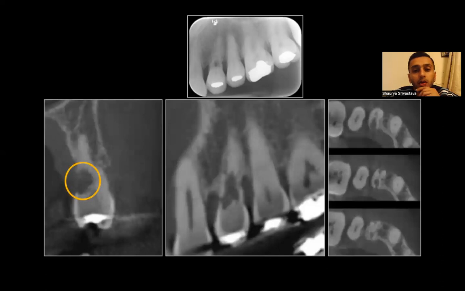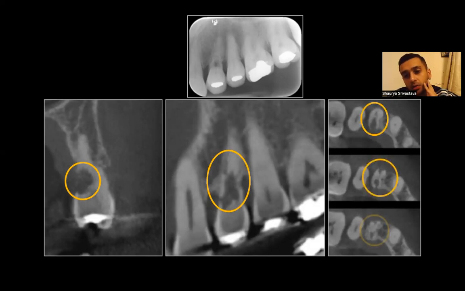Look at that spread of the resorption. And you have no indication of that when you look at a 2D radiograph. You would not know if this is restorable or not. When you look at 2D, you're like, oh, maybe this is restorable. But if you have to raise the flap to check that out, you're going to have done overtreatment in some way, because you would have been walking into a surprise and wasted your time as well as the patient's time.